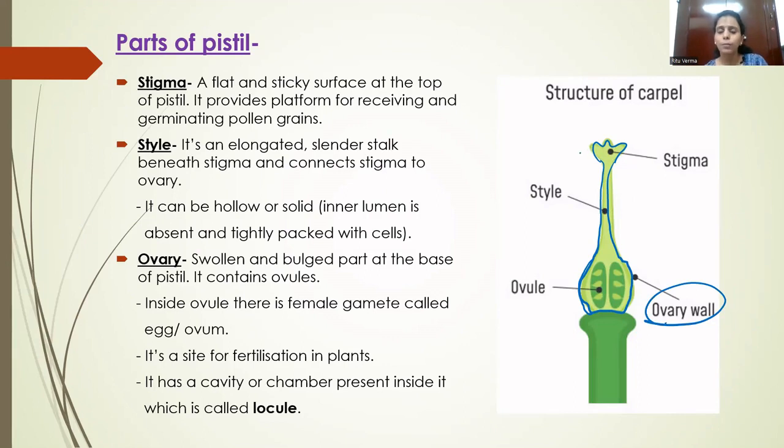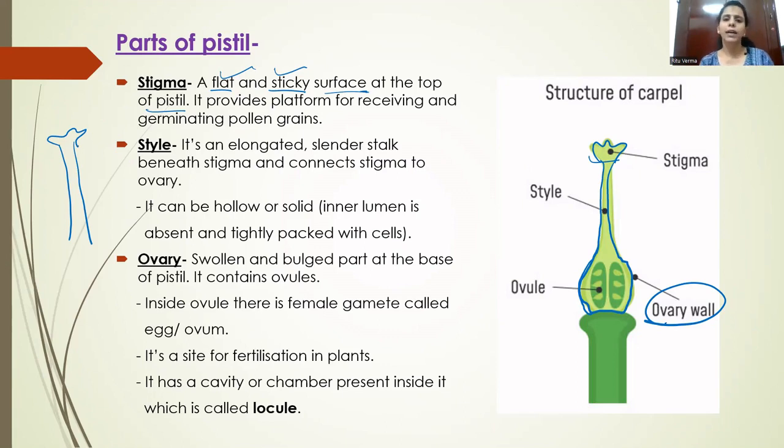So the uppermost part of the pistil is known as the stigma, and it is a flat and sticky platform. The stigma has a flat and sticky surface at the top of the pistil. Remember this. This flat and sticky surface is important for receiving pollen grains.